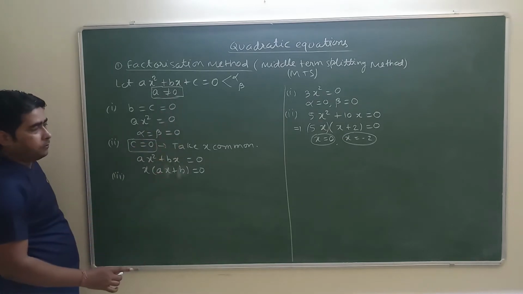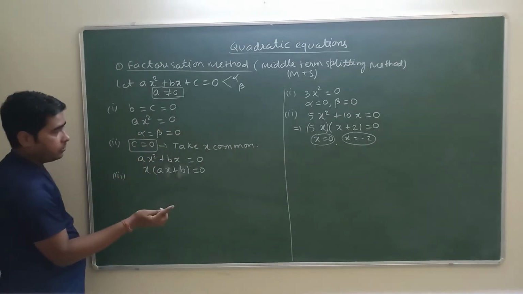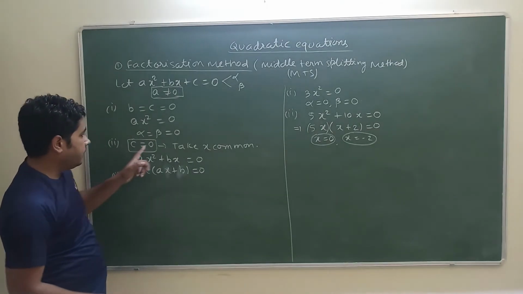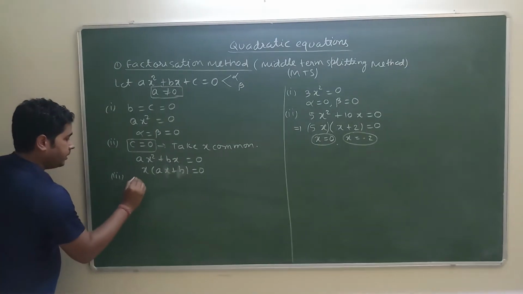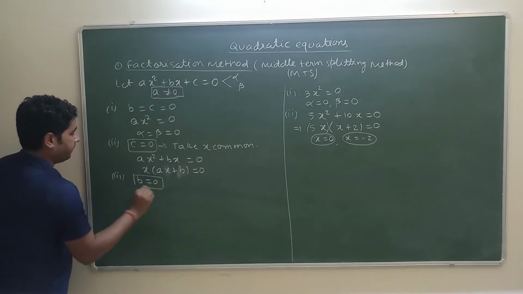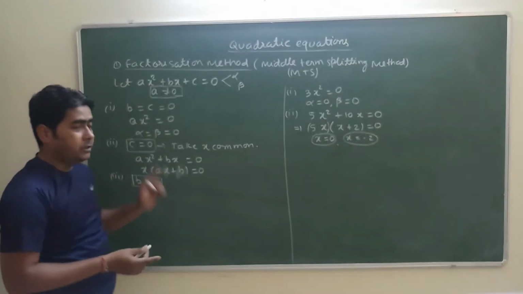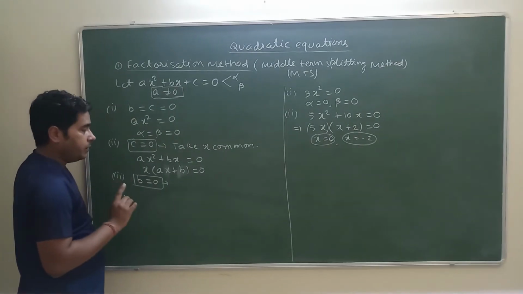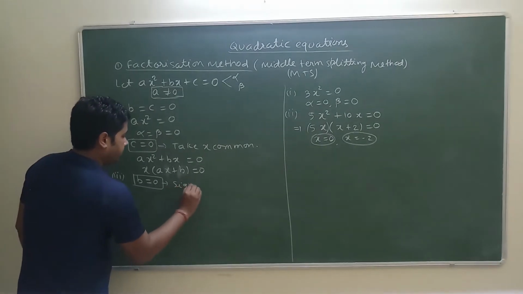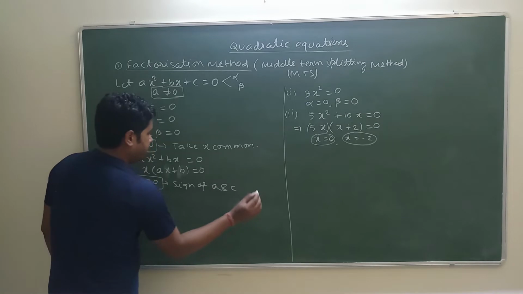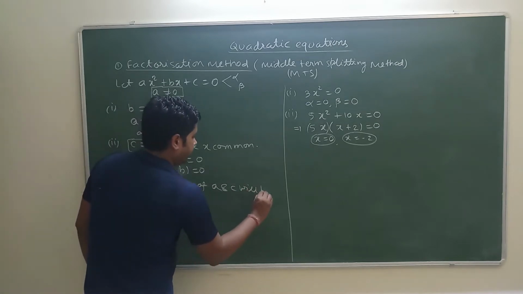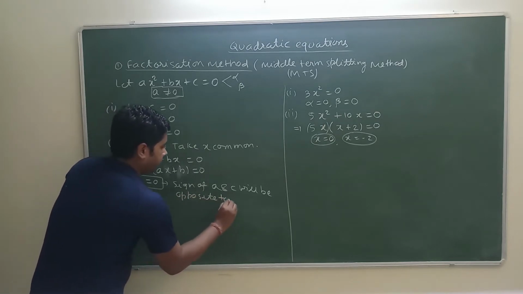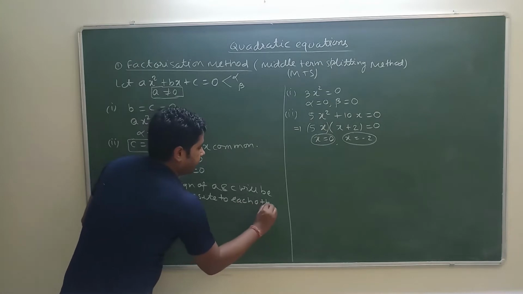Third case. See, a can't be 0. The first case was b and c both are 0 simultaneously. Second case, in which c is 0. Now we will see if b is 0, then what will happen? a and c are non-zero, b is 0. In this situation, you will always see in the equation that the sign of a and c will be opposite to each other.